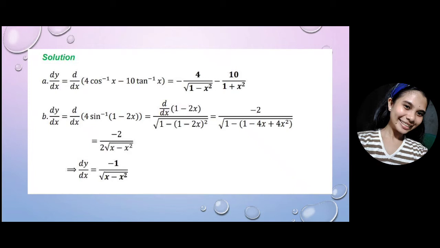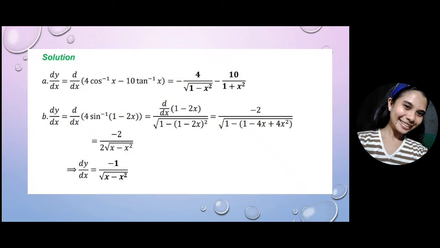Next, we have to evaluate the expression of the square root of 1 minus the quantity of 1 minus 4x plus 4x squared, and the result will be 2 square root of x times the quantity of 1 minus x.